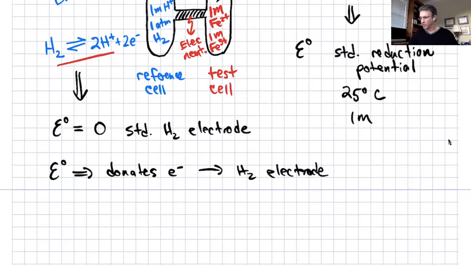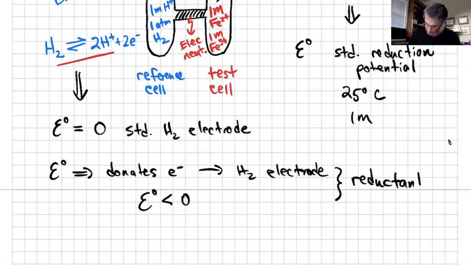Under that set of conditions, it's basically going to be reducing the standard hydrogen electrode, in which case the reduction potential under that set of circumstances is going to be less than zero. And the bigger, the more negative that value is, the more powerful a reductant that particular redox couple is going to be, right?